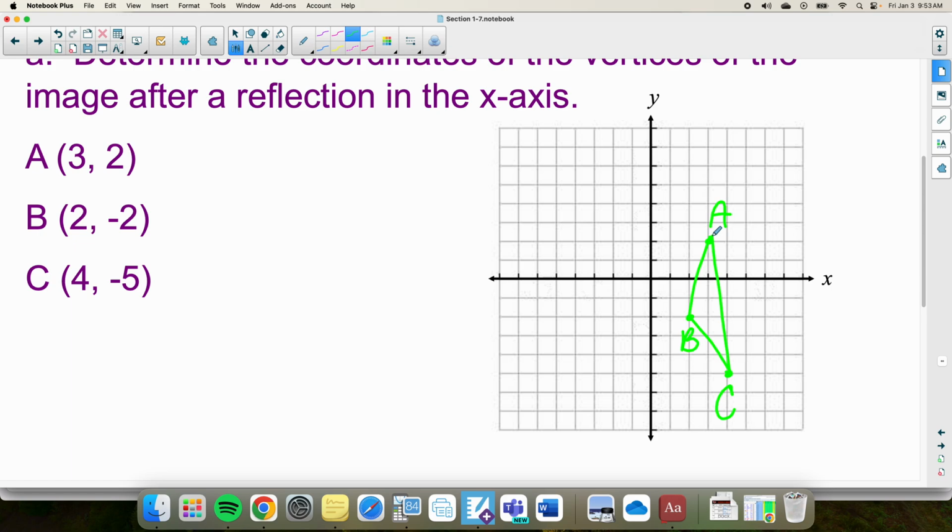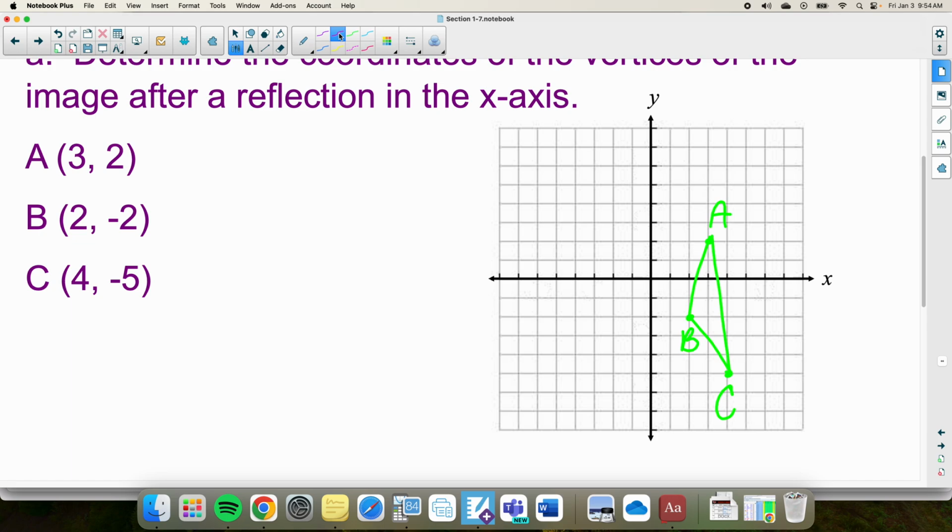Now, when you do these, there's 2 different ways you can do it. You could use that rule that we just went over, and I'll show you how to do that in a second. Or you can do it on the graph itself, and I'll explain how you do that, okay? So in this problem, we want to take each of these points and reflect them over the x, okay?